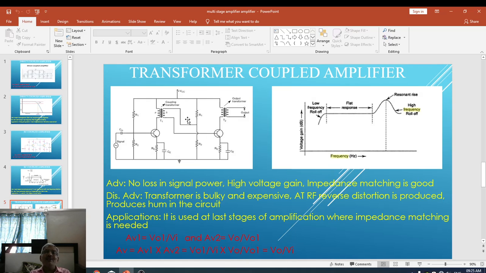If the impedance is not perfectly matched, then either more voltage or less voltage is coupled to the second stage than what is amplified by the first stage.